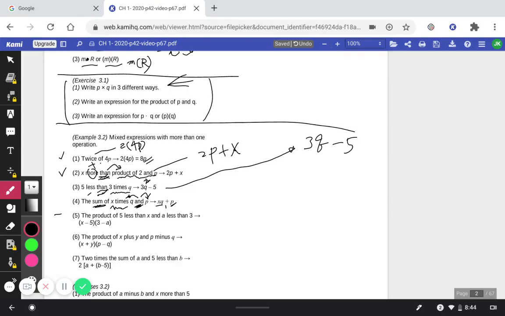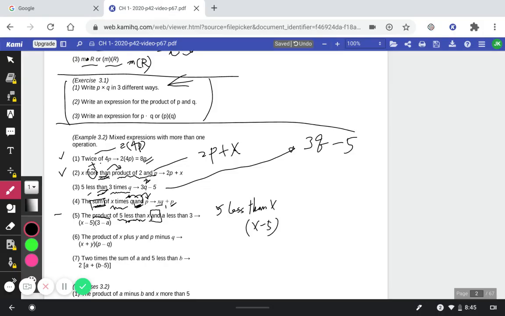Now number 5, the product of 5 less than x and a less than 3. So when you see the product, also look for "and," like with sum. So what's the expression before "and"? You have 5 less than x. How do you write 5 less than x? 5 less than x means x minus 5, right?